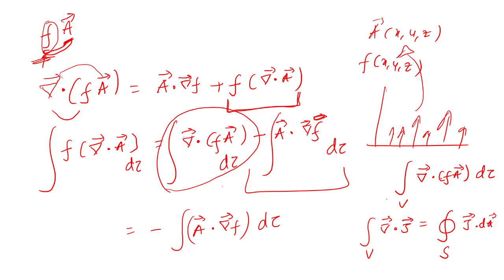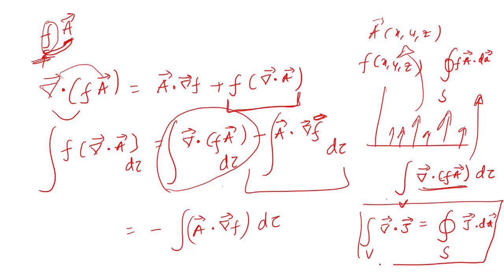So here I have the volume integral of a total divergence. So then I can write this simply as the surface integral of fA dot dA from Gauss's theorem. This is Gauss's theorem, not to be confused with Gauss's law. So the second term can be written as simply a surface integral of fA dot dA.